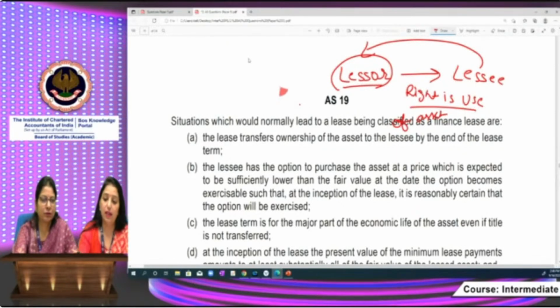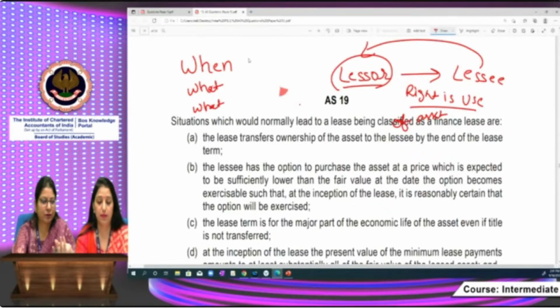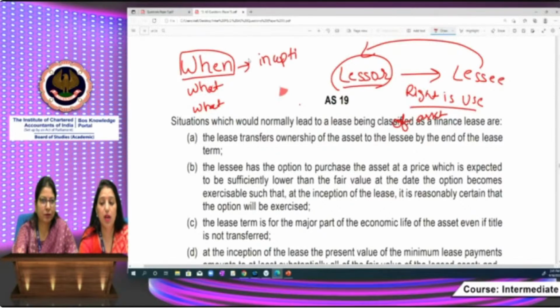The AS says that at the time when you go into a contract which is related to the lease, you have to know when to recognize, what to recognize, and what to do next. The AS says the time to recognize the lease is at the time of inception.